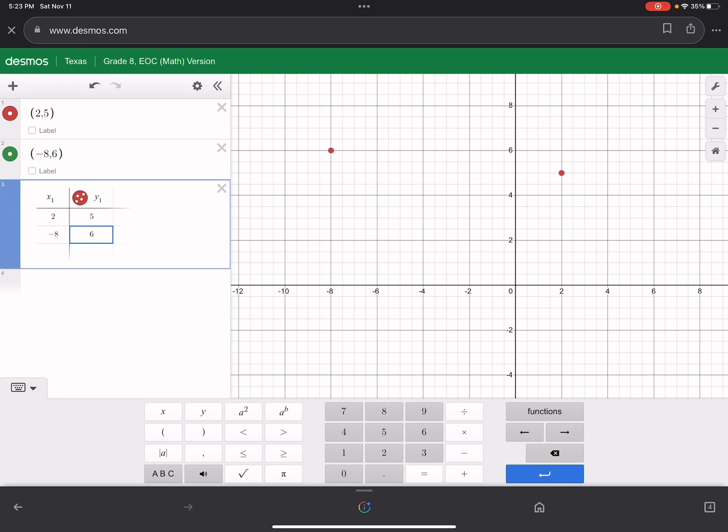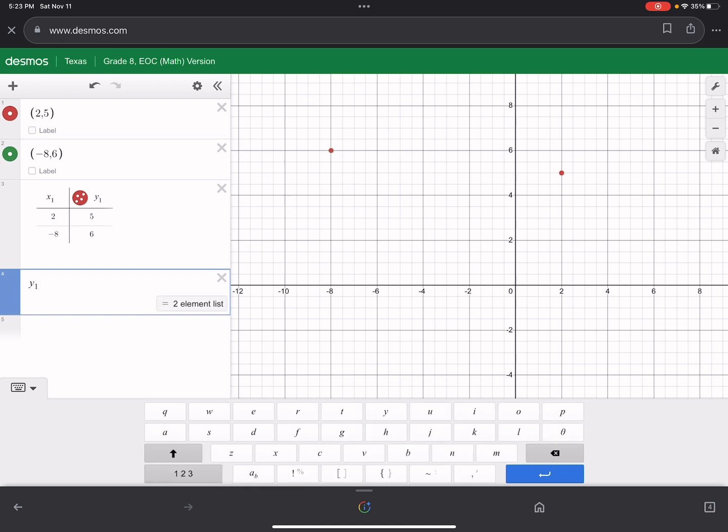Okay? So now that I have that there, I have to now go into the next line. So I got to put my points in first. I go to the next line. I'm going to type Y1, and this fancy symbol is called a tilde. On your keyboard, it's to the top left-hand corner, right under the escape button.